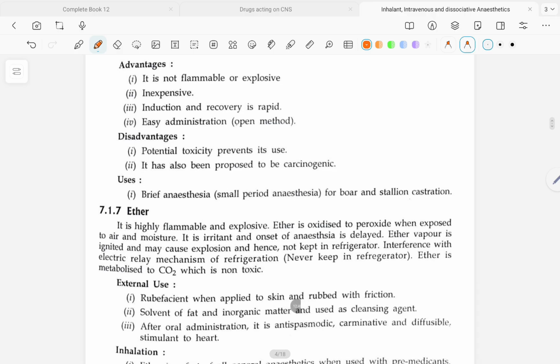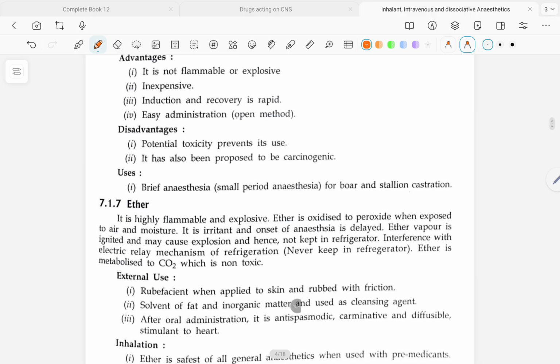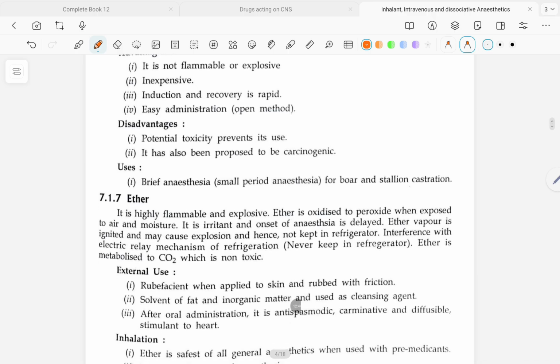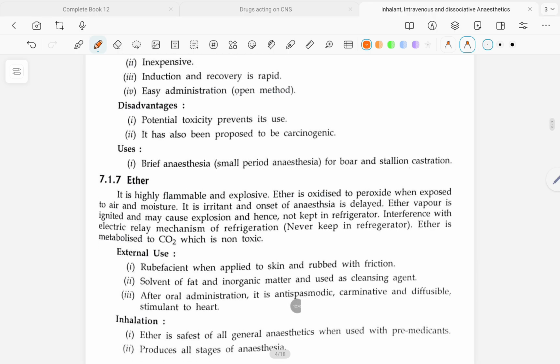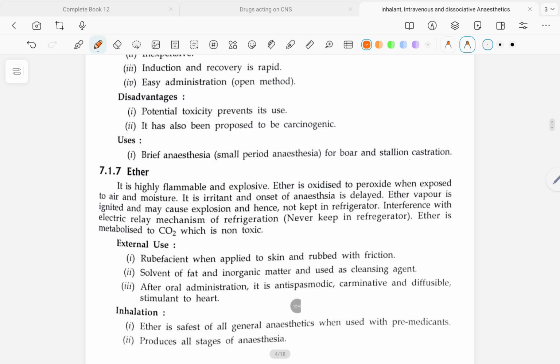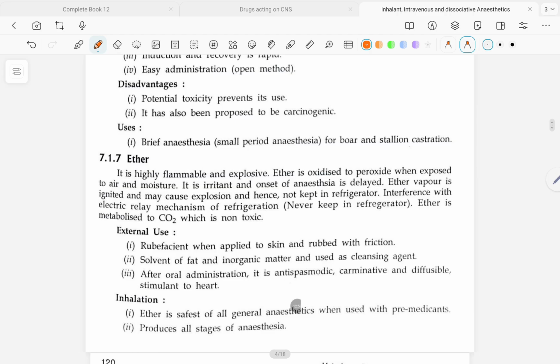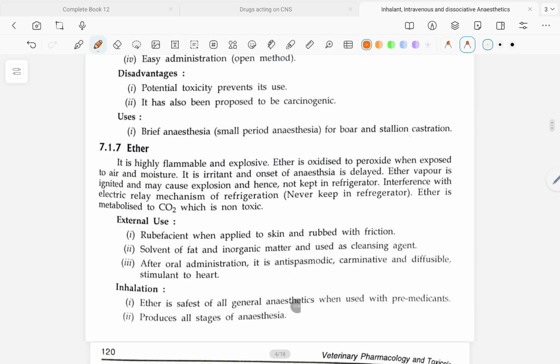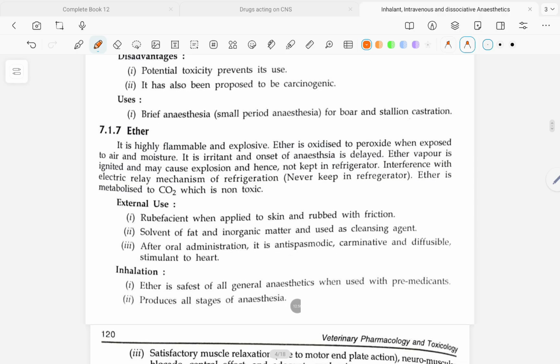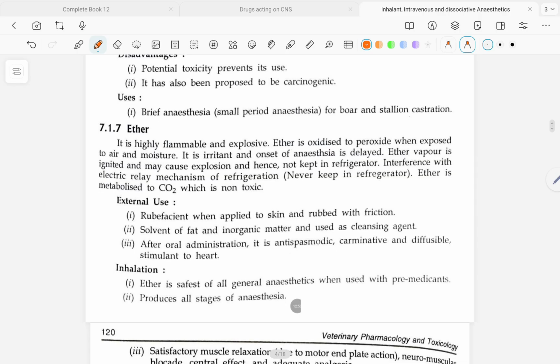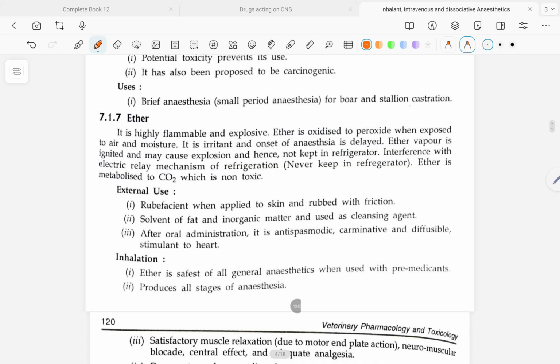Inexpensive. Induction and recovery is rapid. Easy administration, open method. Disadvantage: potential toxicity prevents its use. It has also been proposed to be carcinogenic. Use: brief anesthesia, small period anesthesia for boar and stallion castration.